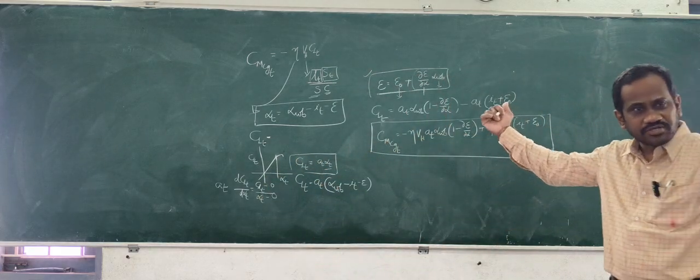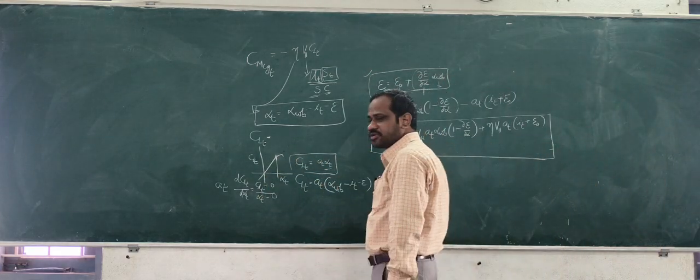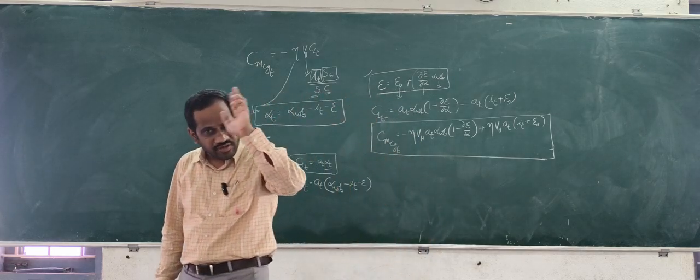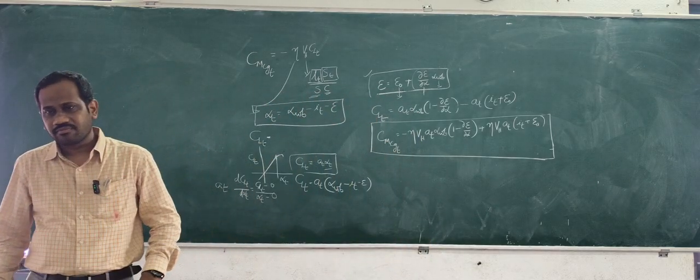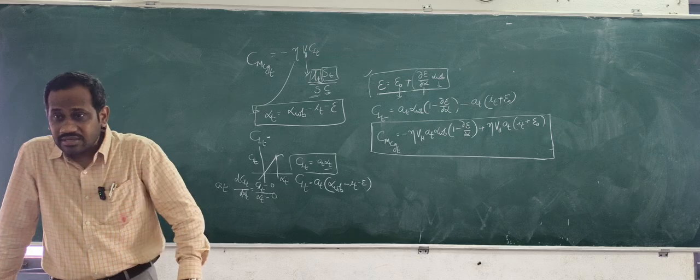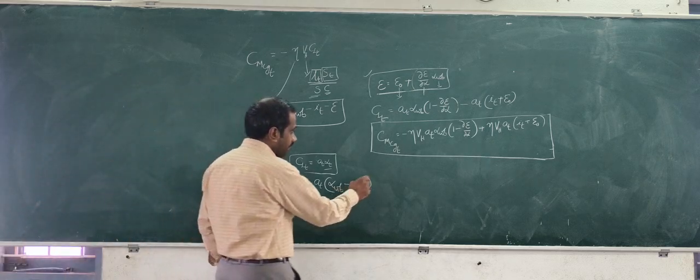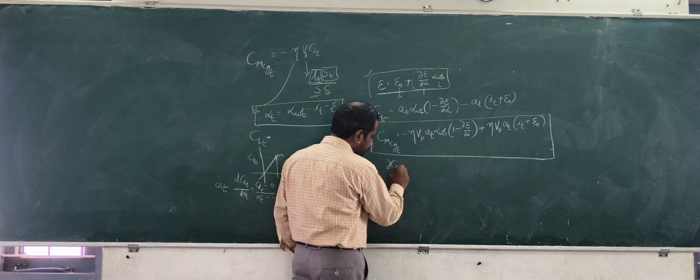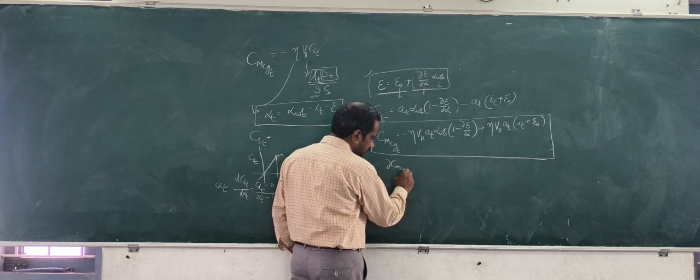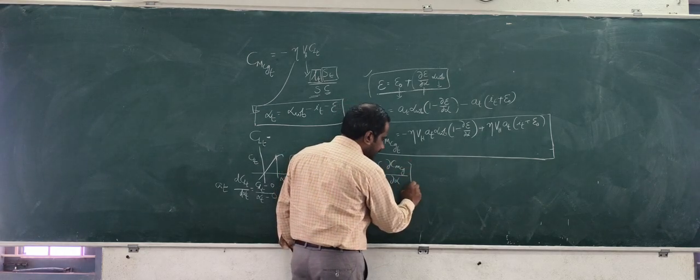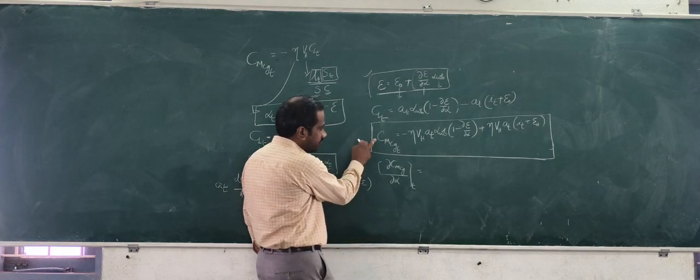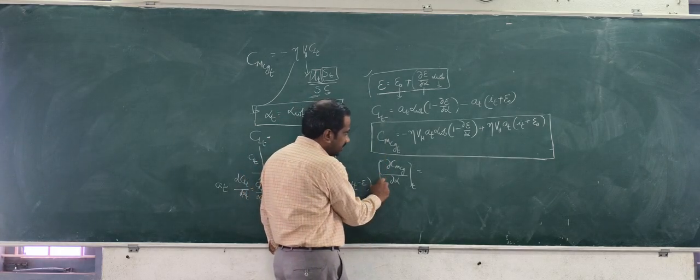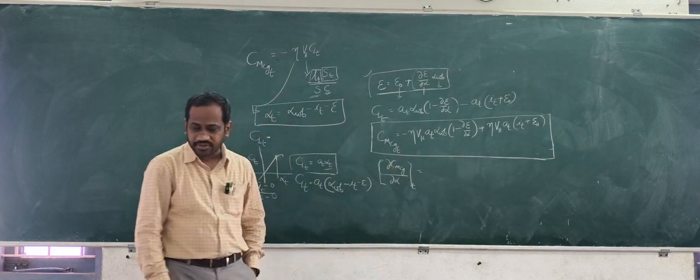Please find out whether the contribution is a stabilizing contribution or destabilizing contribution by attaching the tail. Dou CM CG by dou alpha, tail component. Differentiate this with respect to alpha. What do you get?